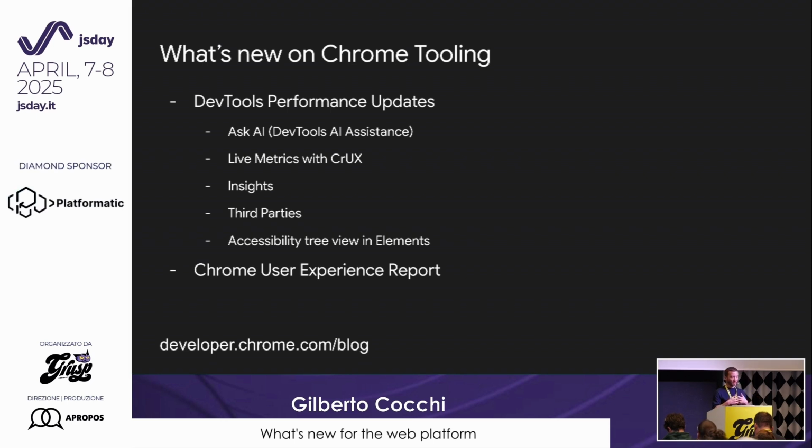And Fabio showed before that we now have live CrUX metrics in the Chrome DevTools performance panel, and CrUX is the real-world performance data from Chrome given directly to you. We will talk about it better later.